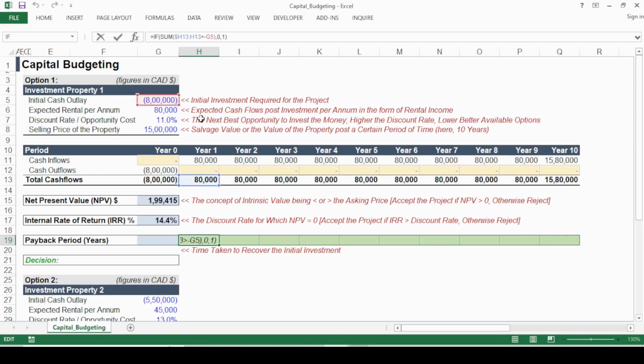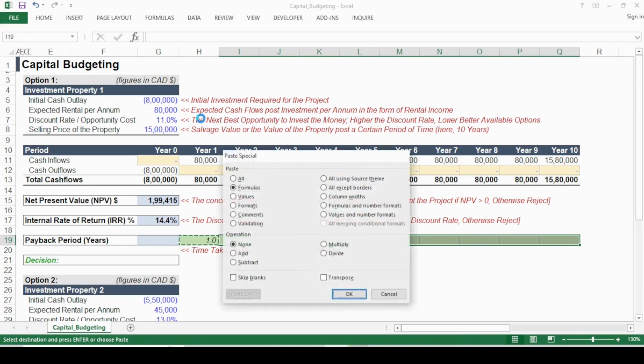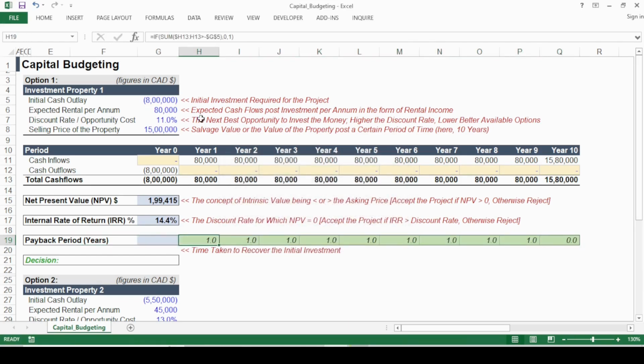Now what I will do is I will anchor this cell and I'll replicate this formula in all other cells. Now as you can see, till the year 9 I am getting the value as 1, and in the 10th year the value has gone to 0. So this means that the initial investment is recovered between year 9 and year 10.